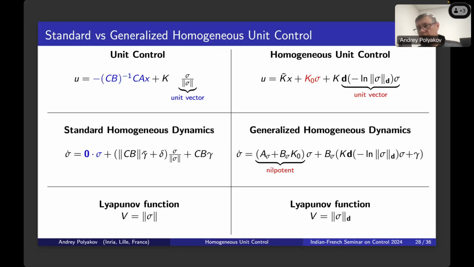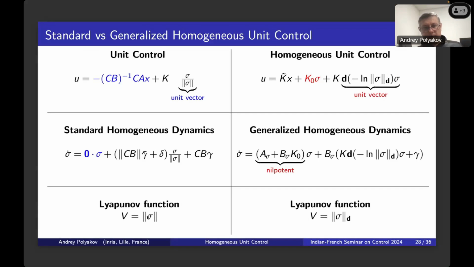It's just by definition of our canonical homogeneous norm, it was defined by such a projection. It was defined such that this norm equals 1. So this value is obtained by the definition of the canonical homogeneous norm. And next, for the analysis, we use the same type of Lyapunov function, but up to the type of homogeneity we have.